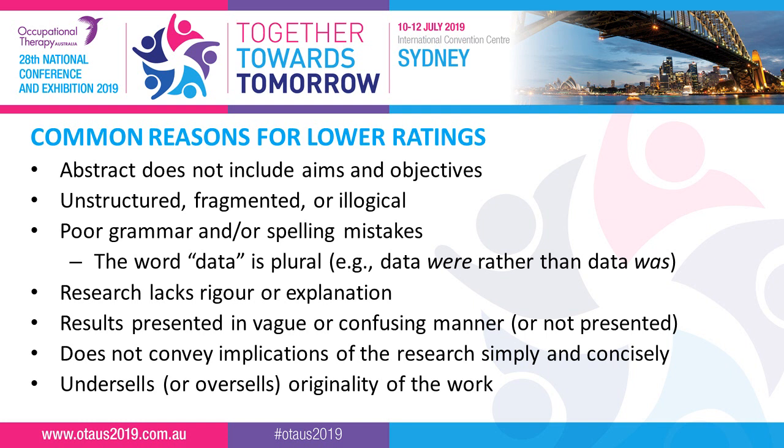And what that means is when people are rating those abstracts, they'll have to try to dig out what they think that you might be saying the aim or the objective of the project or the presentation will be, but it's going to be more difficult to rate that. So make sure you include each of the headings as suggested. Otherwise, you're just doing yourself no favours in terms of getting the best ratings possible.